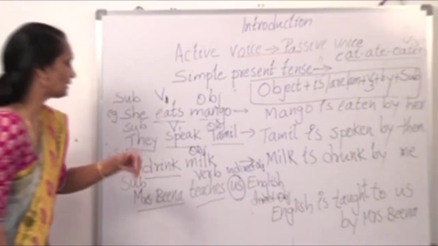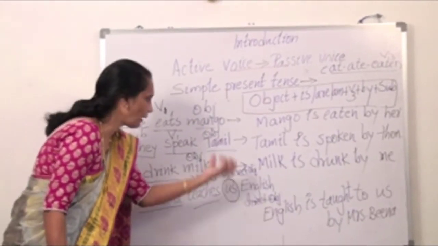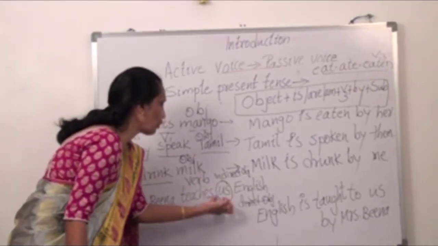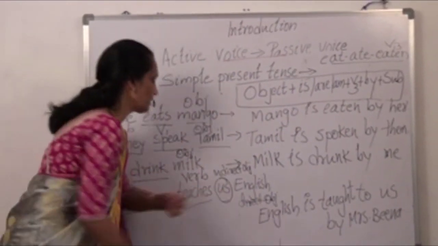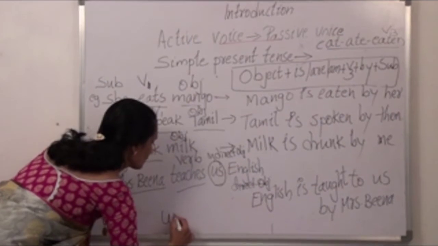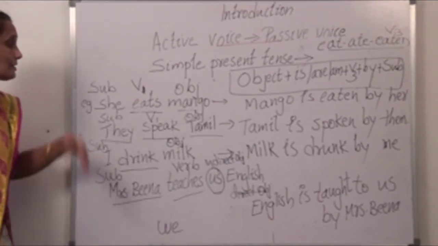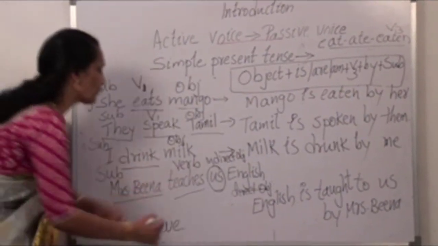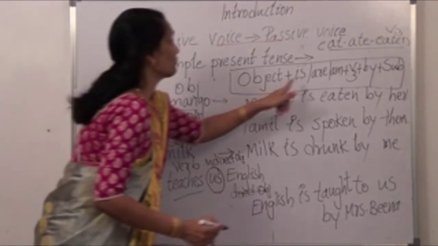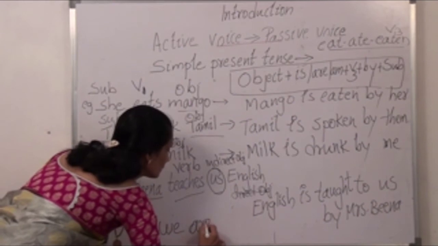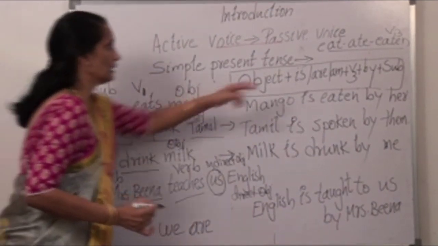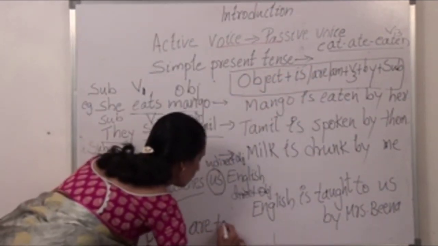If I start with us, taking the indirect object as the subject first, how do we write it? Us will be changed to we. Is we singular or plural? We is plural, so when there is plural, we have to use are. We are, plus the V3 form, taught.